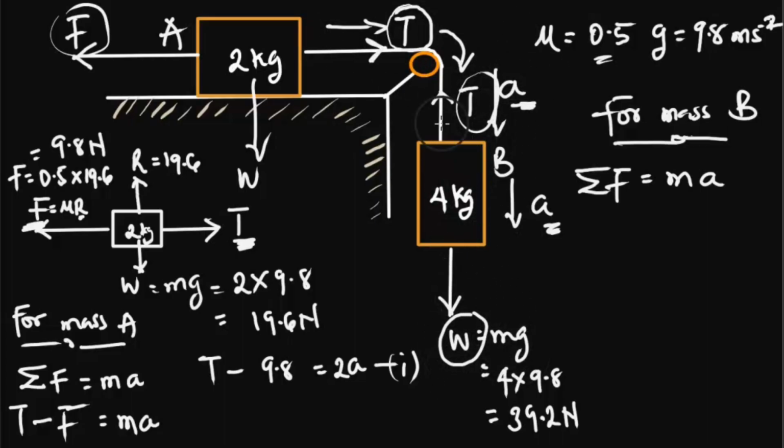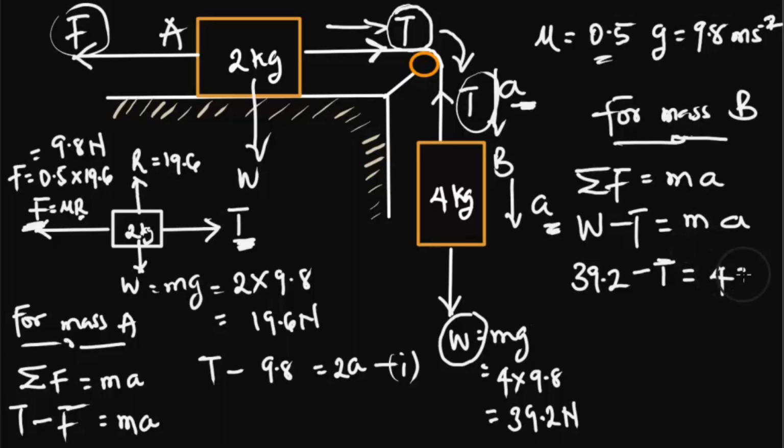So the weight is greater than the tension. And so our net force is the weight minus tension, and that is equal to mass times acceleration. Our weight is 39.2, and our tension is unknown. We've not calculated our tension. Our mass is 4 kg, so 4A. So we have equation 2.